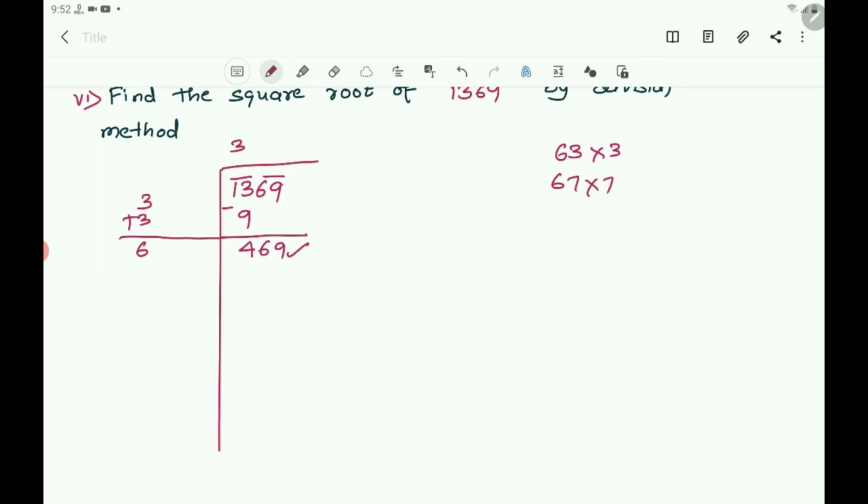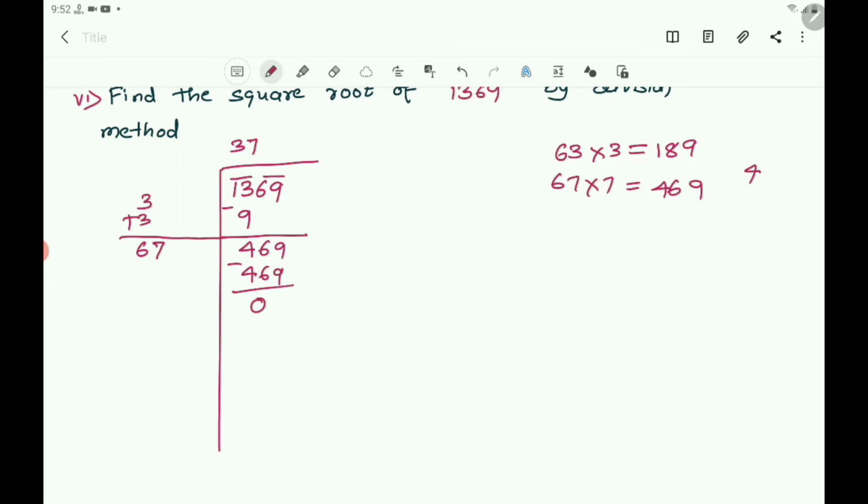Either you put 3 and multiply it by 3, or you put 7 and multiply it by 7. 63 into 3, that is 3 threes are 9, 6 threes are 18, and 7 sevens are 49, 7 sixes are 42, plus 4, so you got 469. What is there? Here also there is 469. So what you have to put in front of 6? Put 7 into 7. You got 469. 469 minus 469 is 0.